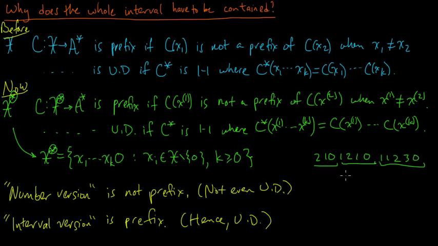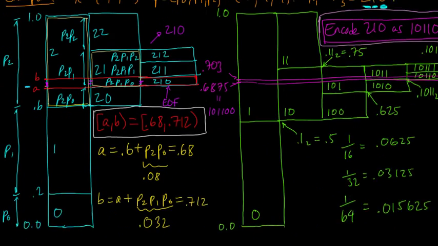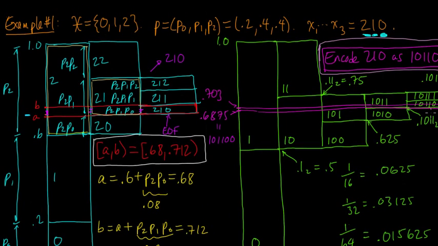So let's think about this little example right here that I wrote down. So 210 in our original example 1, if we did the number version, this would be encoded as 1011, I think it was, right? Let's go back up here. Way back up. Yeah, so it would have been encoded as 1011 because that was the first binary number that was contained in the interval.